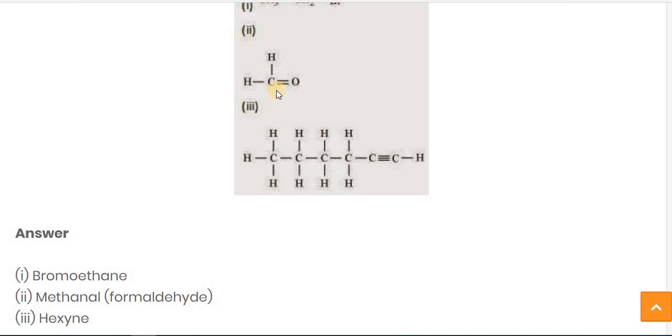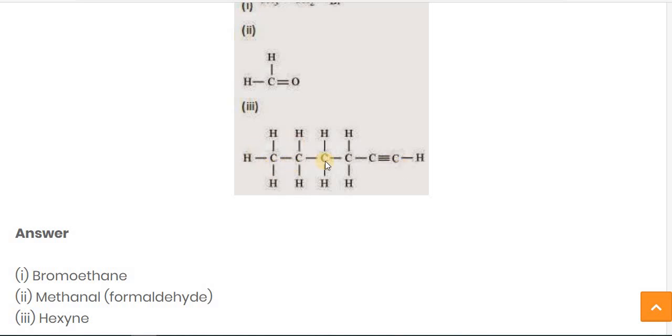Now the next one: here you can see a triple bond, and for the triple bond the yne suffix is used. How many carbons are there? 1, 2, 3, 4, 5, 6 carbons. If 6 carbons are there, then hex is used, so hexa plus the yne suffix. Why yne? Because the triple bond is there.